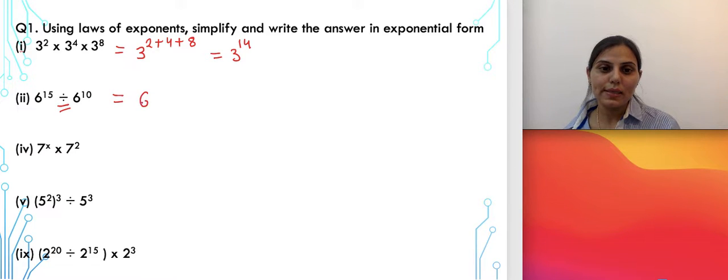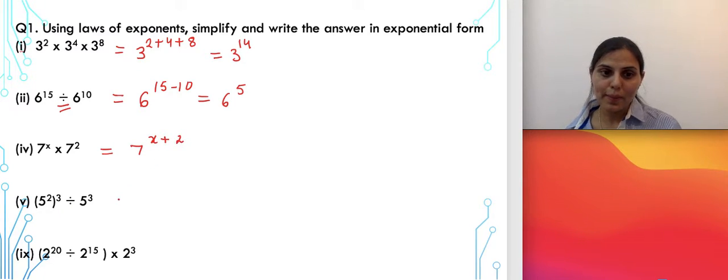So we can write this as 6 raised to power 15 minus 10, or this can also be written as 6 raised to the power 5. Now moving on to the next one, here one of the exponents is a variable and the other one is a constant. So we can write this as 7 raised to the power x plus 2. It is as simple as that.